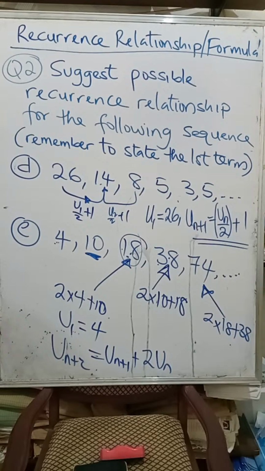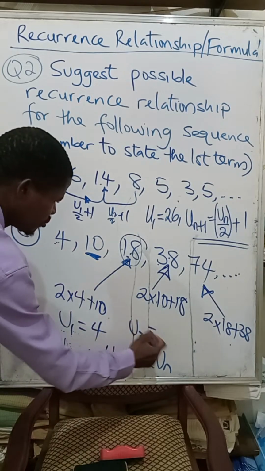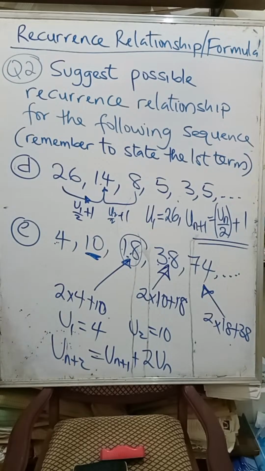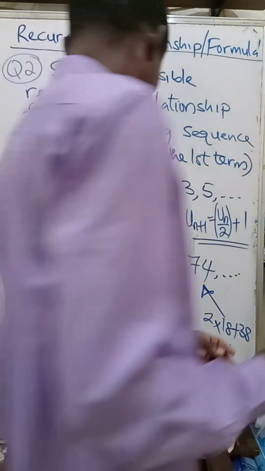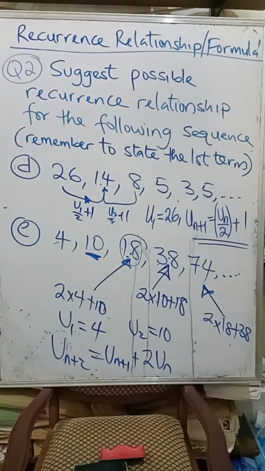So we need U1 and U2. U1 is 4, U2 is 10.